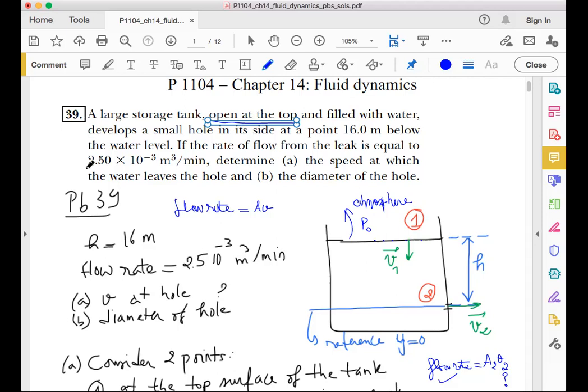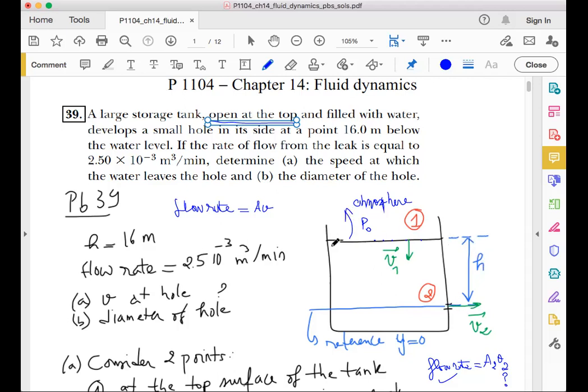One way is to use either the continuity equation or Bernoulli's equation. But given what we know, all we have is this surface which is above the hole by h.